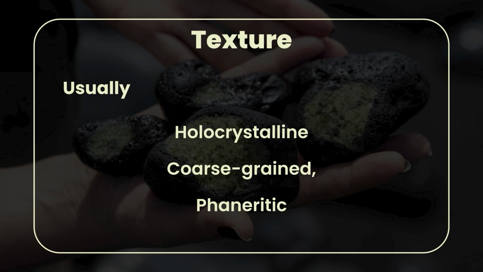Coarse grained means the grains have nucleated and had large enough time to grow in size. When the nucleation rate is low, crystals have more time to grow to a larger size. So, the rock becomes coarse grained.